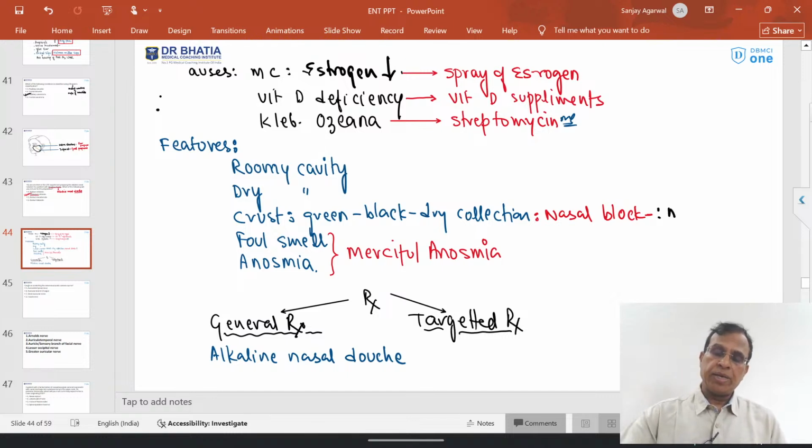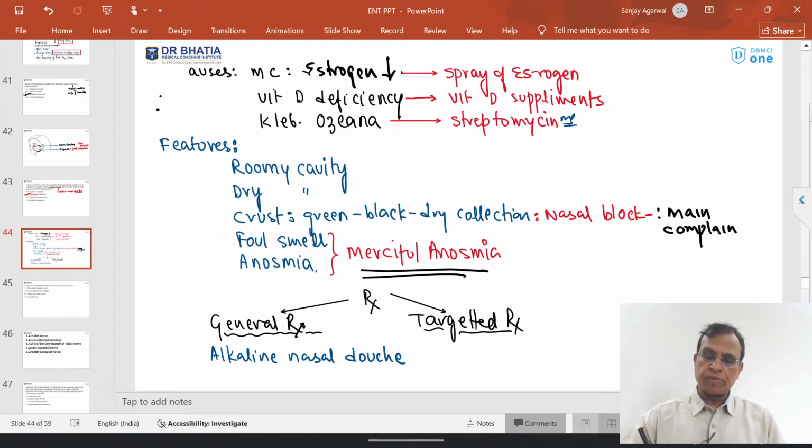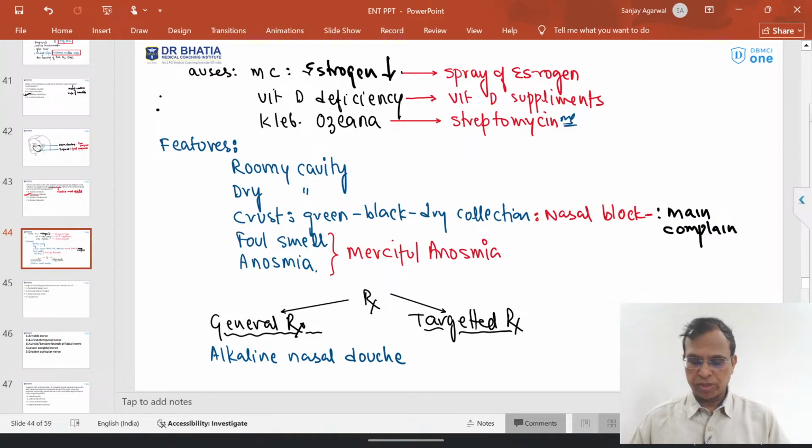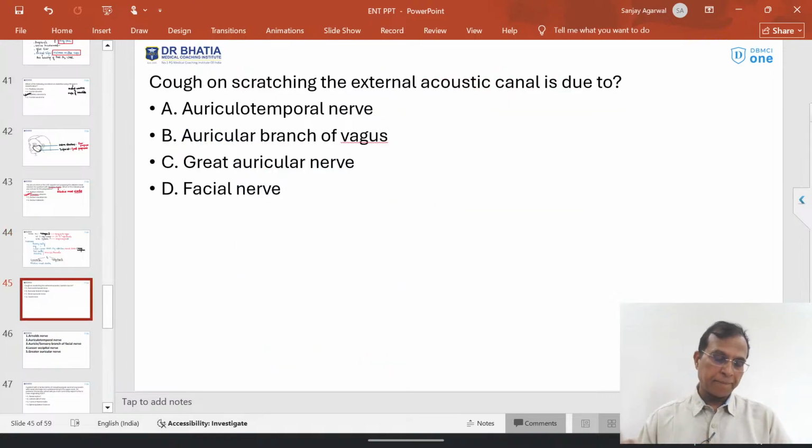Nasal block is the main complaint of this patient. It can have anosmia also, और alkaline nasal douche कर सकते हैं. इसके कंटेंट मैंने अभी आपको बताया. Question was about this one, treatment. So these are the points about atrophic rhinitis that you might want to remember.